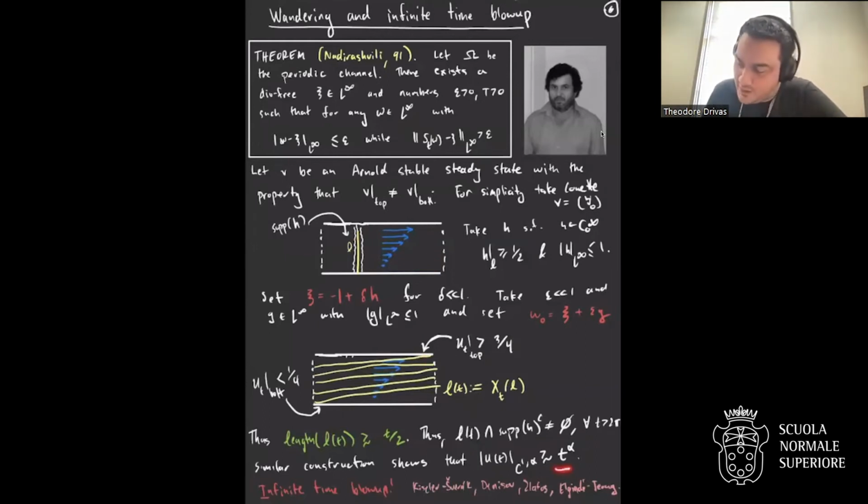And okay, it's far from the double exponential growth, but indeed, if you look at Euler through this lens, you sort of lose information at infinite time. Okay, and this circle of ideas studying infinite time blow-up has been the subject of many works recently, and this double exponential rate is saturated due to work of Kiselev and Šverák.